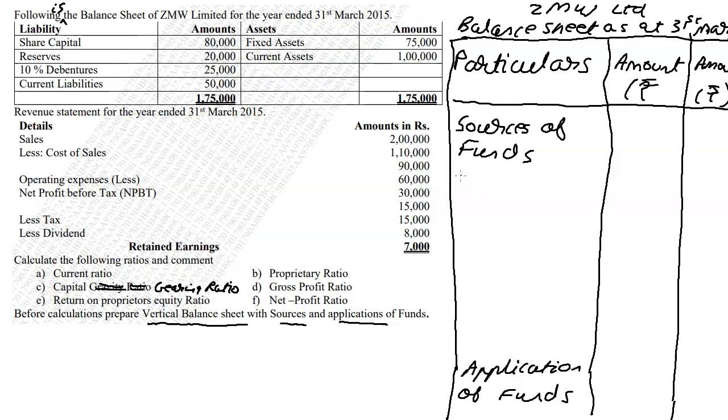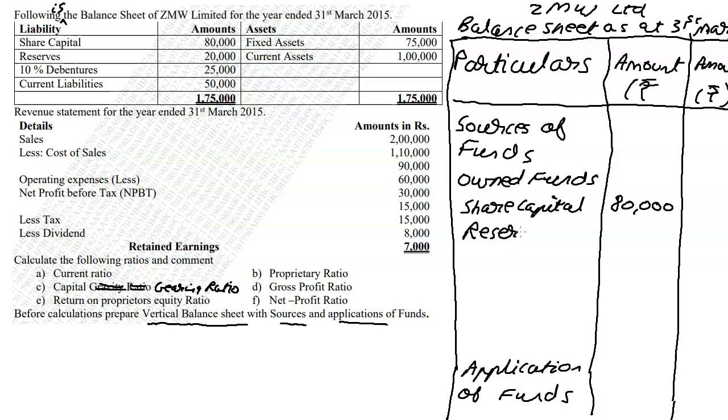So under sources of funds, we have own funds, under which we've got share capital, which is 80,000, and reserves and surplus, which is, and they are only calling it reserves, so reserves, which is 20,000. Right, that's it. We have 1 lakh in the outer column.